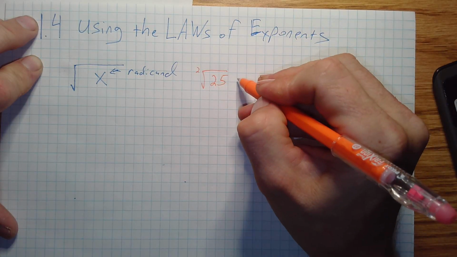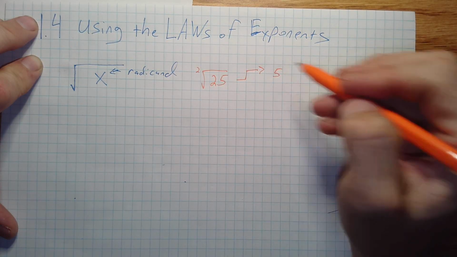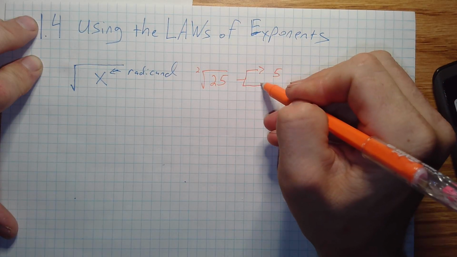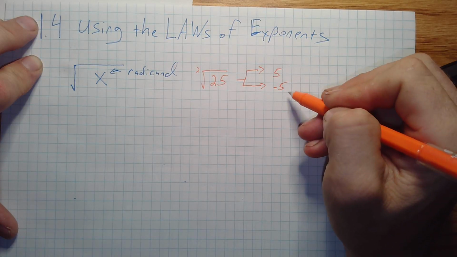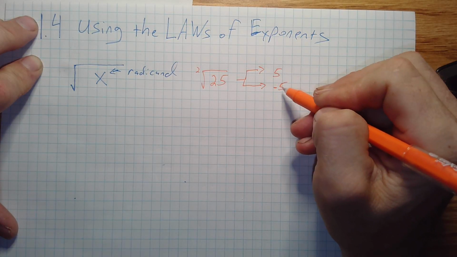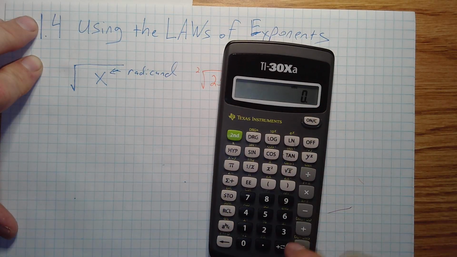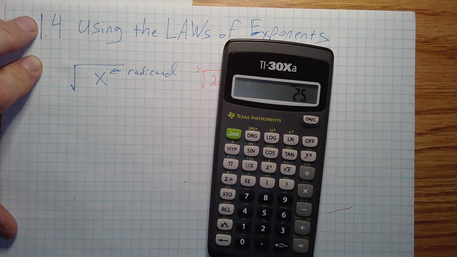Well, obviously 5 times itself equals 25, but also -5 times itself equals 25, because a negative times a negative equals a positive. So -5 squared is 25.